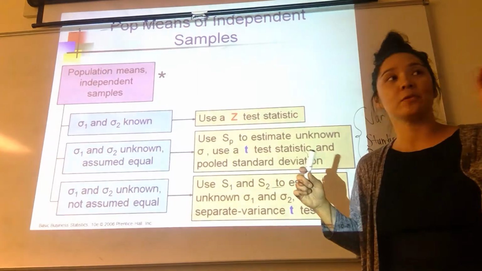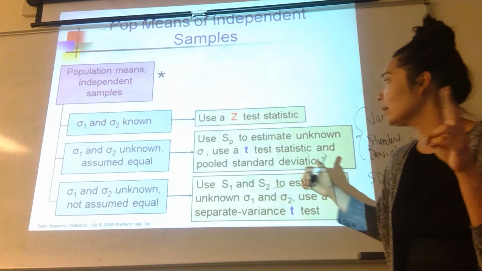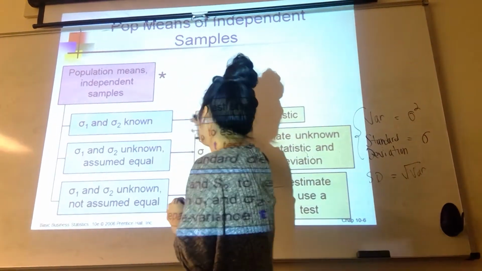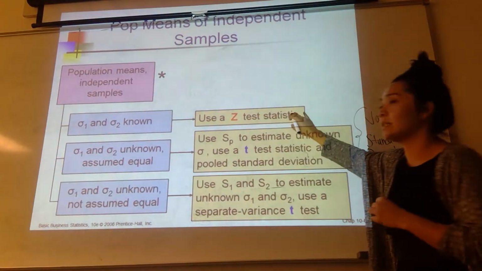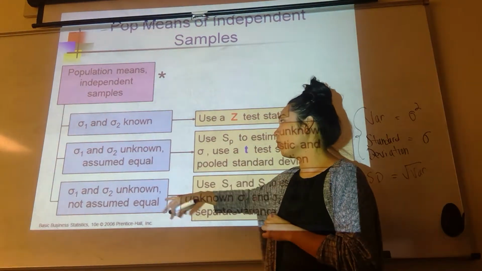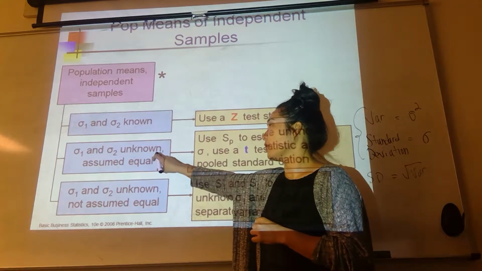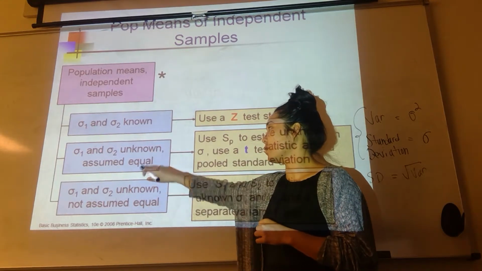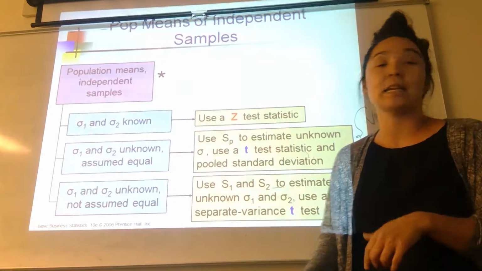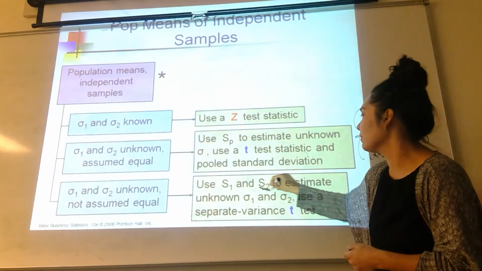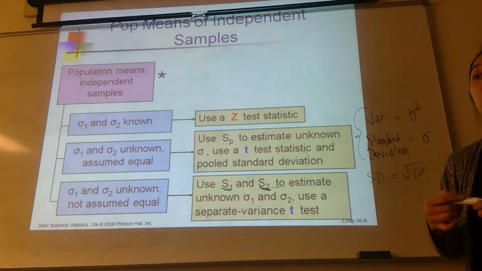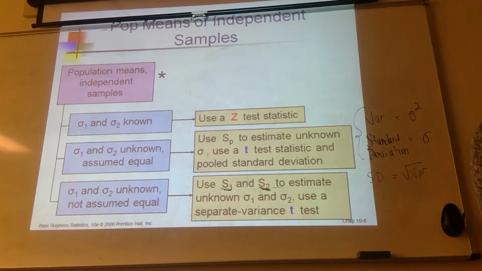And for both Chapter 9 and Chapter 10, if you know the standard deviation, then you're going to do the z-test statistic. If it says sample standard deviation, or in this case, the standard deviation is unknown and assumed equal, or unknown and assumed not equal, we're going to do the t-test. And that means we only have some sort of estimate of what we think the standard deviation should be, okay?